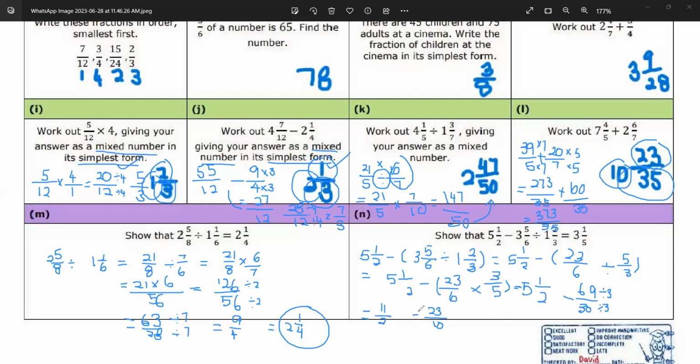So to minus, we will need to make the same denominator, which I will take 2 times 5. When 2 times 5 will get 10, 11 times 5 will get 55. Then minus 23 out of 10. Then we'll get 32 out of 10.